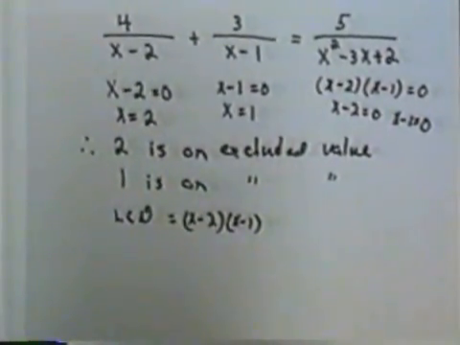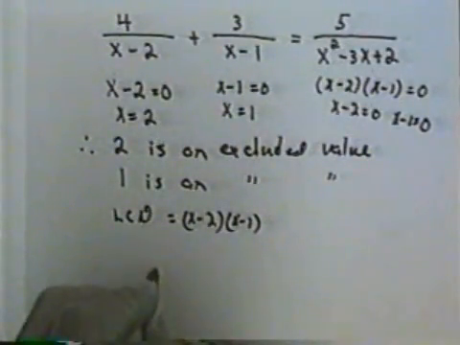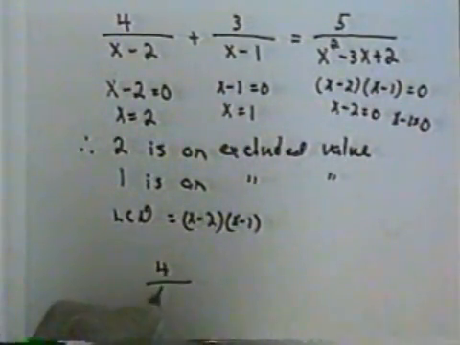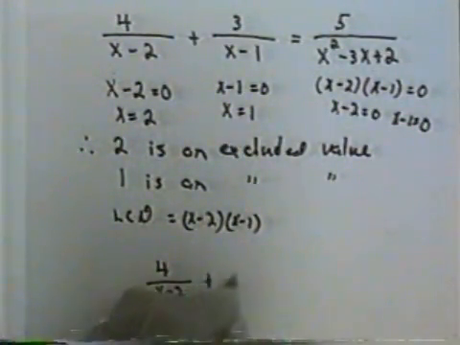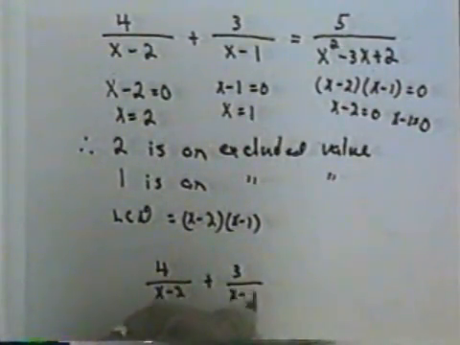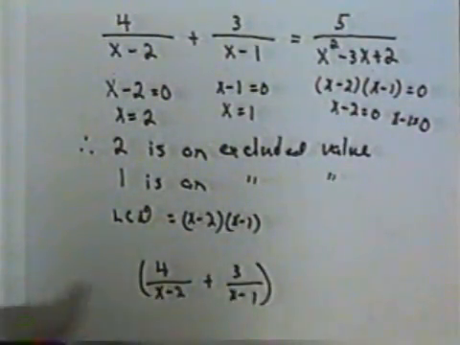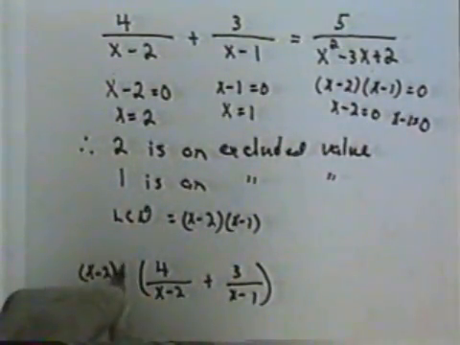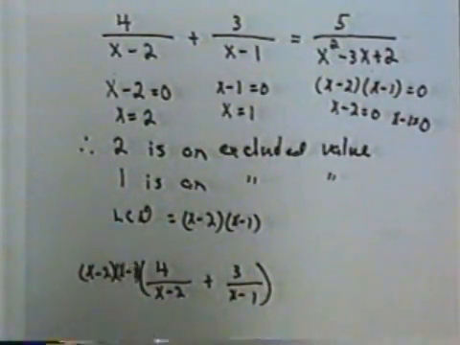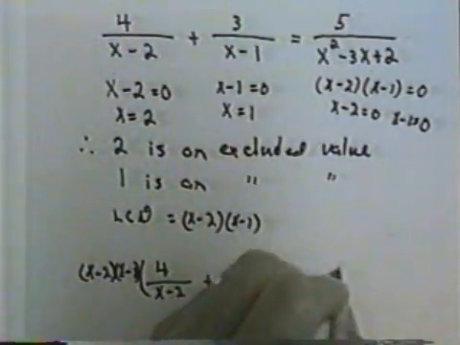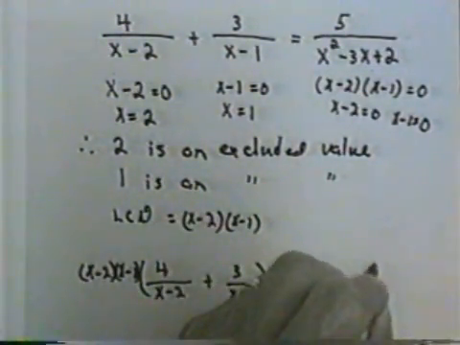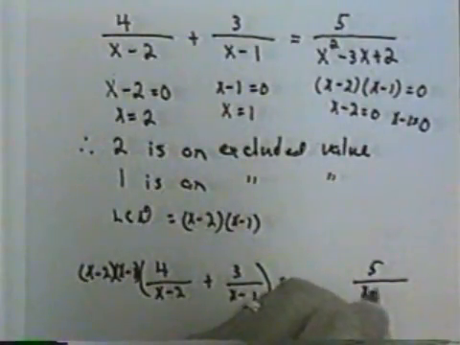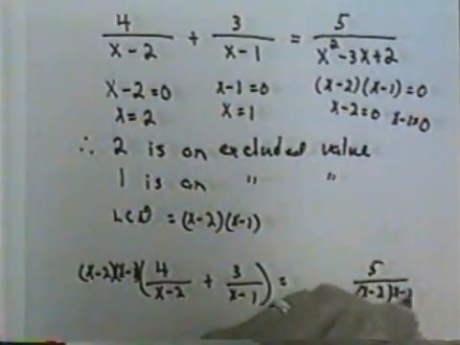I need to multiply both sides by the least common denominator. So I have 4 over x minus 2 plus 3 over x minus 1. And I need to multiply that side by the common denominator, which is x minus 2 times x minus 1. And I have 5 over x minus 2, x minus 1.